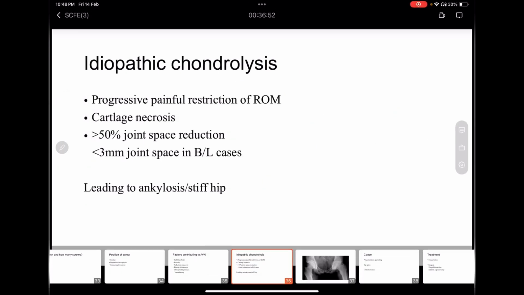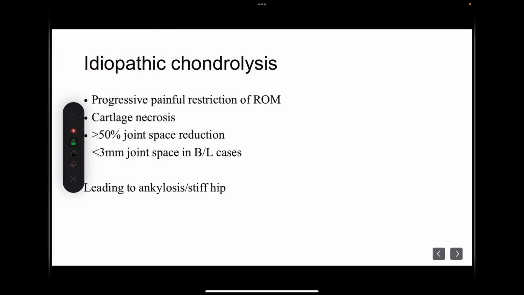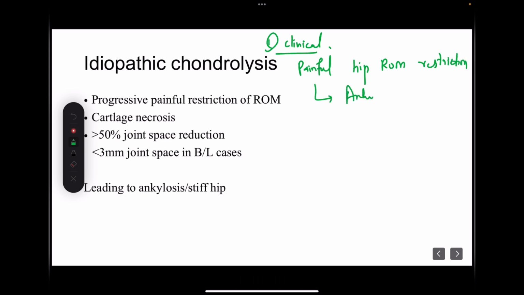Okay. Now we will be discussing idiopathic chondrolysis of hip. So it does have three definitions. One is clinical. Clinical definition is painful hip with range of motion restriction, which can ultimately cause ankylosis or arthritis. Another is histopathological.